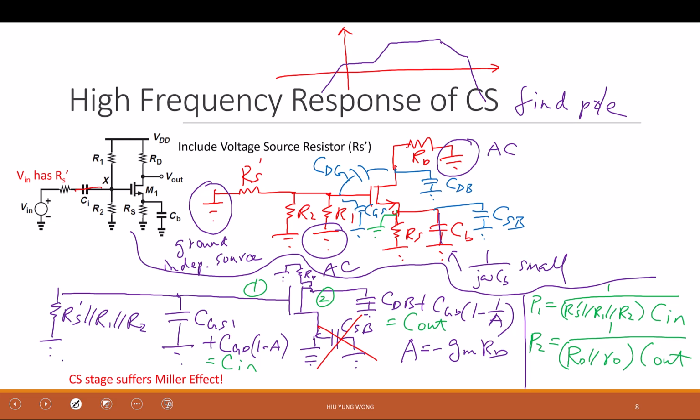And this is, maybe I should not call it P1 because, okay, I did not say that, so I can call it P1. This is P1, and this is P2. Okay, that completes the whole Bode plot. And now you understand why the circuit has limitation. Even at low frequency, it has limitation because you need to bias it. And we remember at low frequency, it works as a common source with degeneration, right?